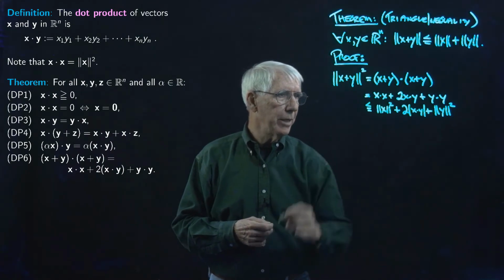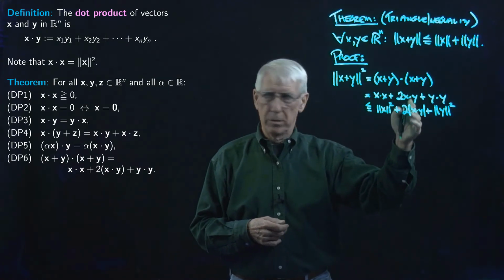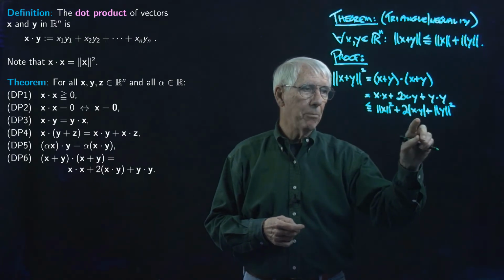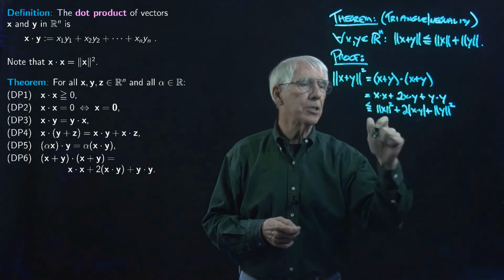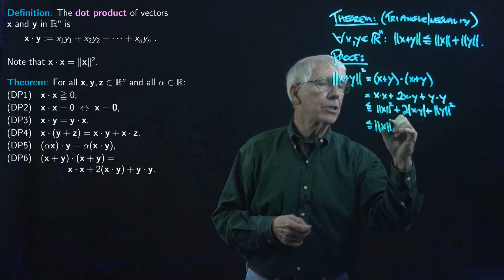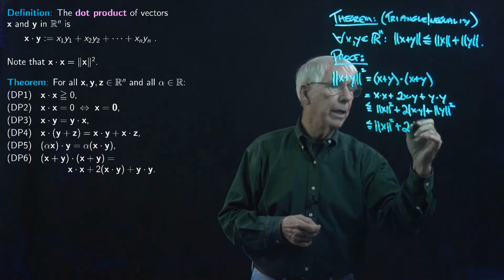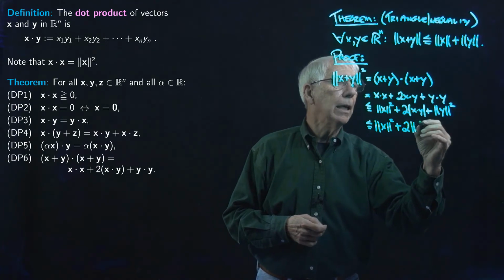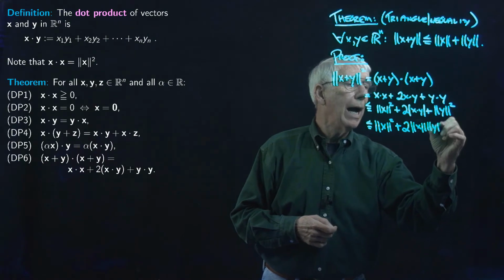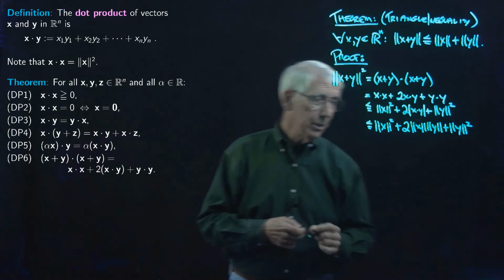So let's put less than or equal in there. And that's just because of the nature of the absolute value of a number. But now, notice that we can apply the Cauchy-Schwarz inequality to this. And that will tell us that this is equal to the norm of x squared, less than or equal, because here I'm going to put in the norm of x, the norm of y, plus the norm of y squared.